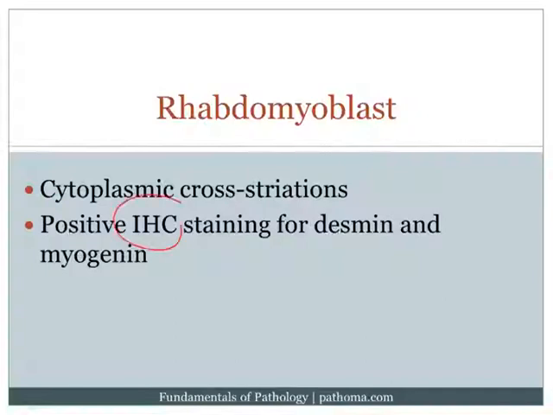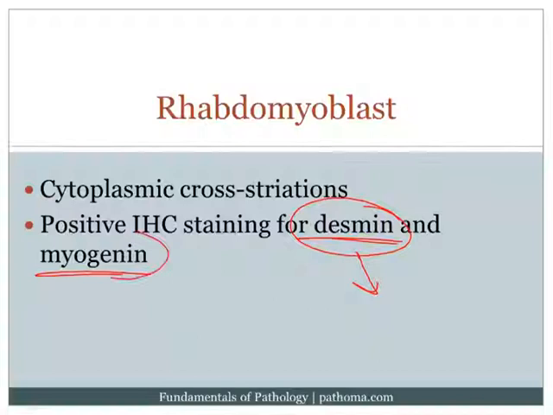Another way by which we can identify the rhabdomyoblast is to use something called immunohistochemistry. Now we can stain for certain antigens present in the cell, which would then help us to identify the cell. And two of the key antigens that are helpful in identifying a rhabdomyoblast are desmin and myogenin. Desmin, again, is the intermediate filament that is present in muscle cells. And so if we know that a cell is positive for desmin, we know that it is a muscle cell.